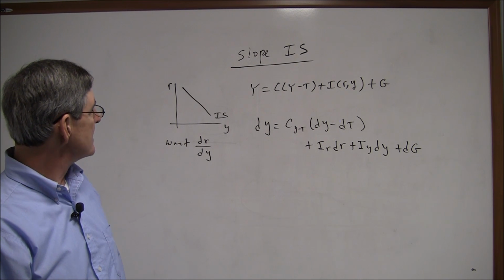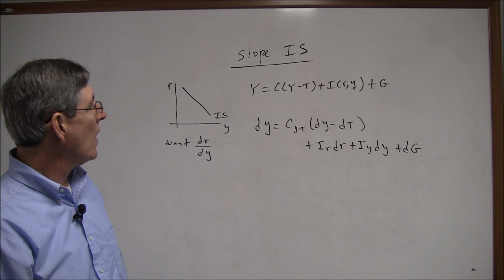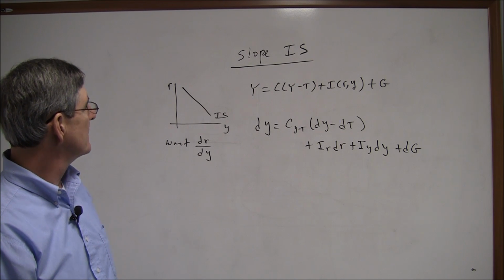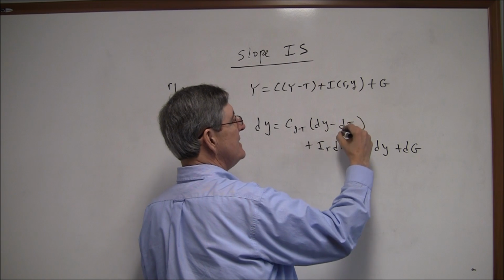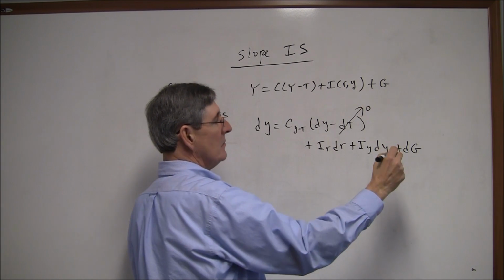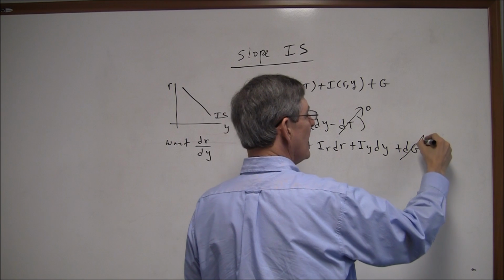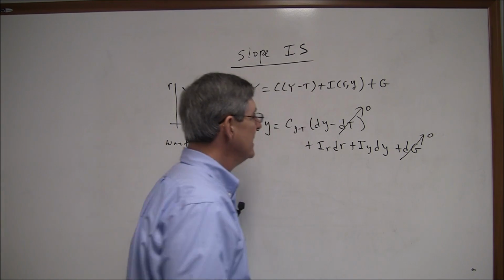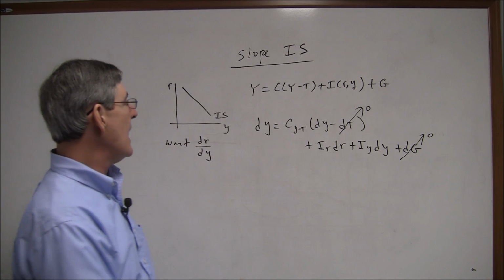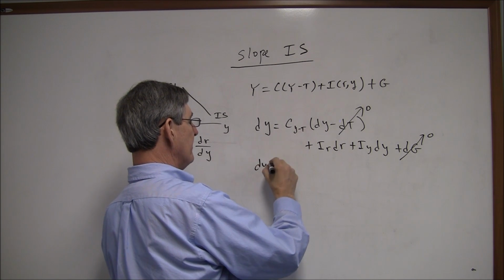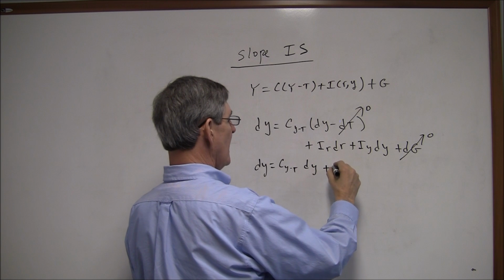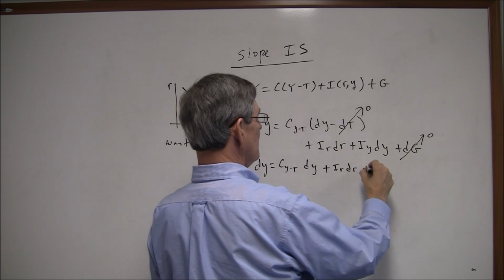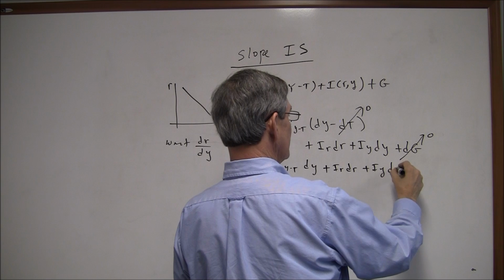Now we want dR/dY all else equal. And so we're going to hold taxes constant, so dT is 0. We're going to hold government spending constant, so dG is 0. So now we have dY is C of Y minus T dY plus I of R dR plus I of Y dY.